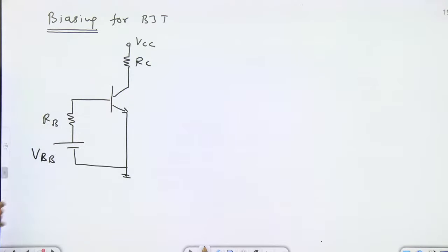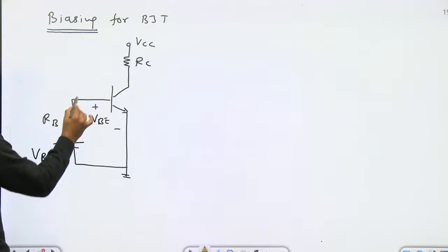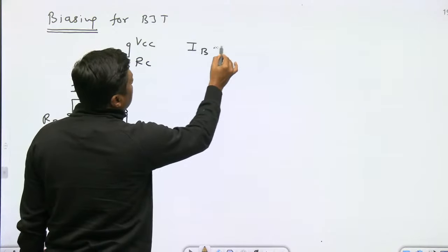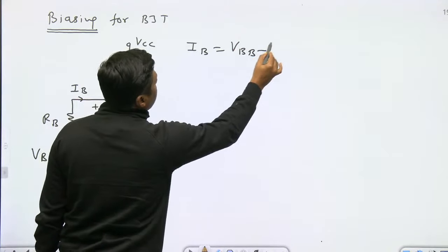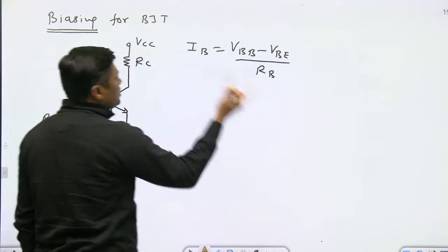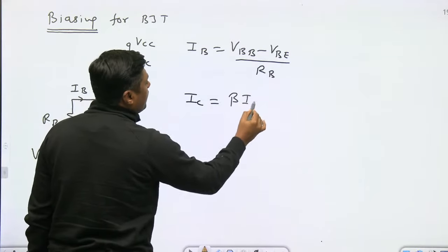If that is a very simple question, then apply the VBE here and find the value of IB. That is, IB is equal to VBB minus VBE upon RB. Finished. Once you get the IB, you can find the IC, which is equal to beta times IB.